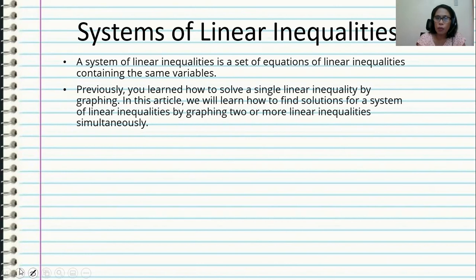In this article, we will learn how to find solutions for a system of linear inequalities by graphing two or more linear inequalities.